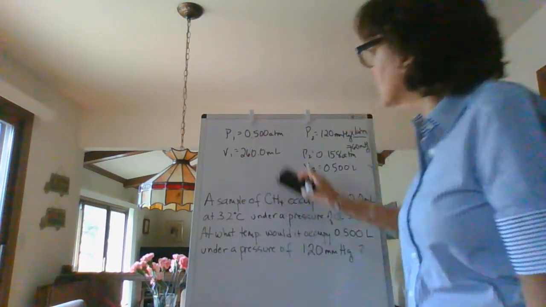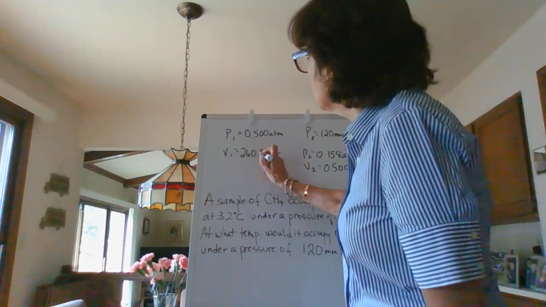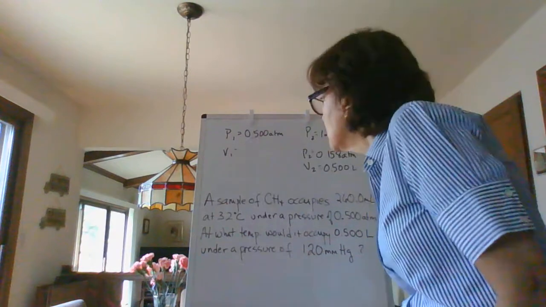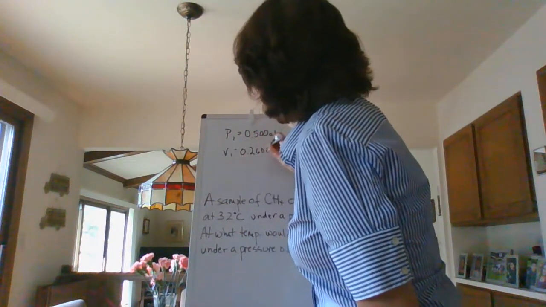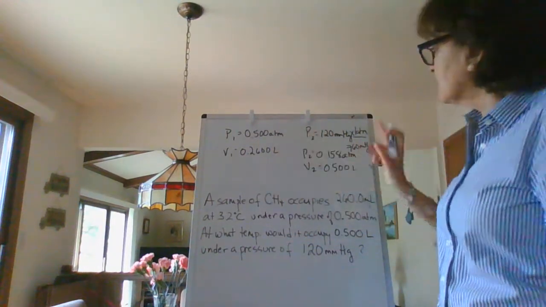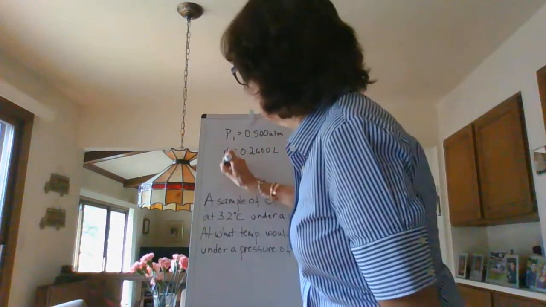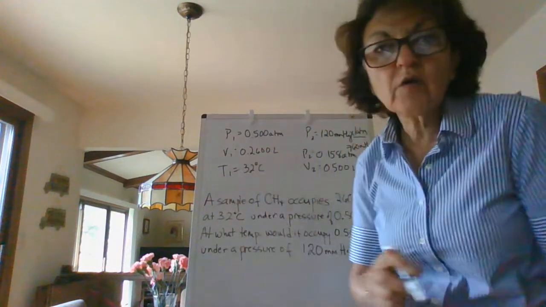I'm going to convert the milliliters to liters. So I'm going to move the decimal place 3 places to convert my 260 to 0.2600 liters. Okay, so this is liters, liters, atmospheres, atmospheres. I'm good. T1 is 32 degrees Celsius. What do I have to do?